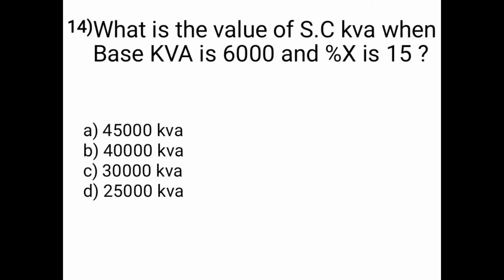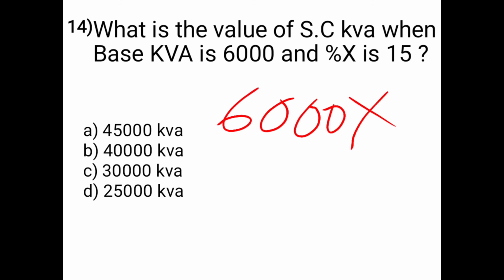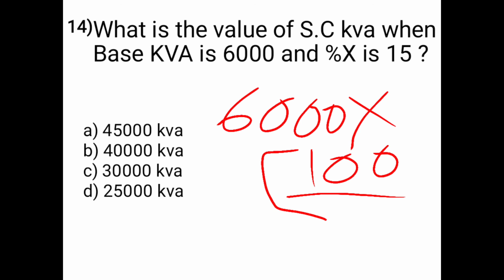Here base kVA is 6000 and percentage reactance is 50. So we write 6000 multiplied by, in bracket, 100 upon percentage reactance 50.